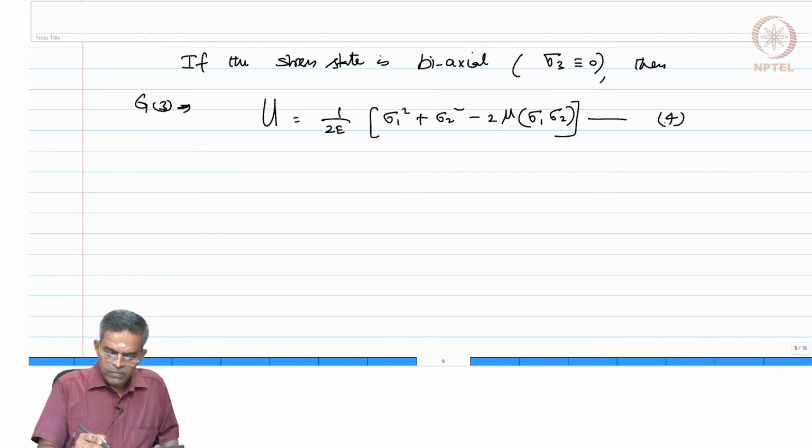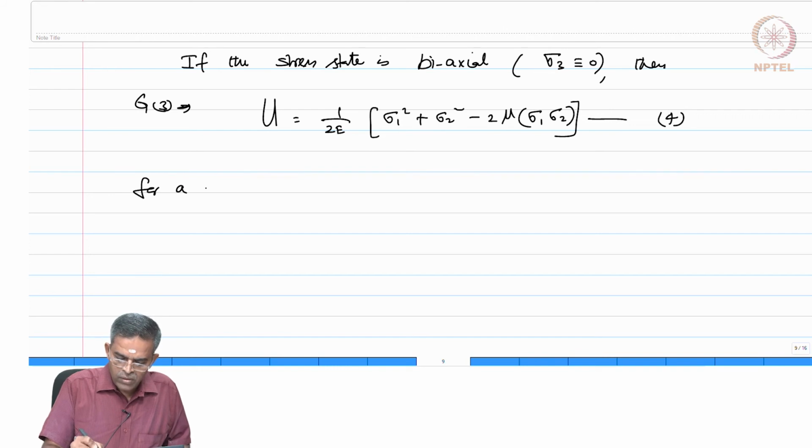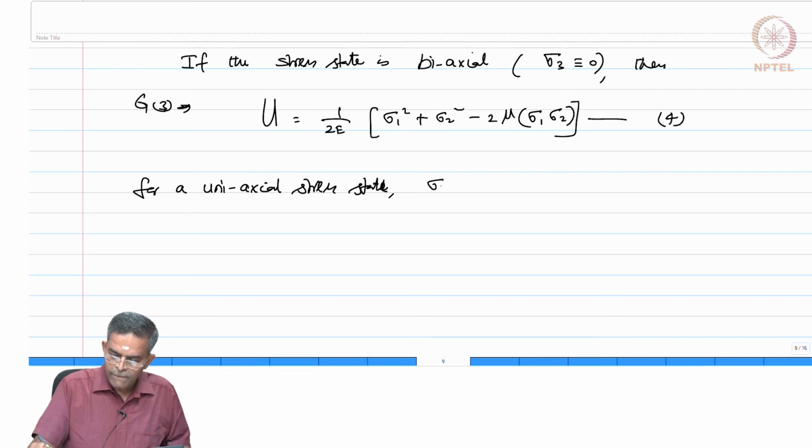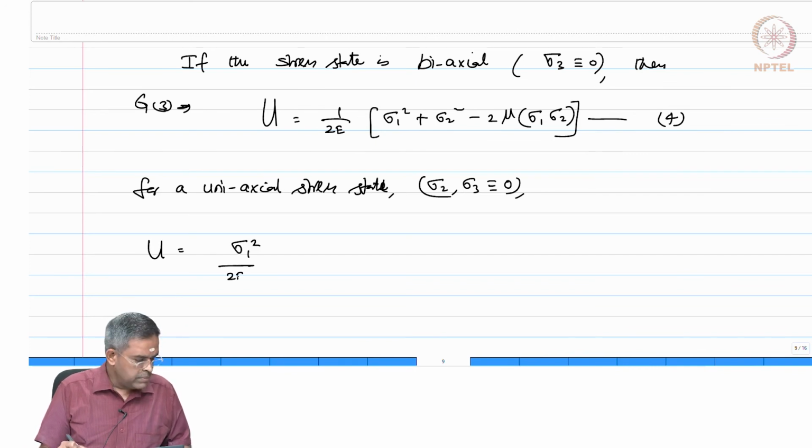And more simple, for an uniaxial stress state, put sigma 2 and sigma 3 both as 0, then we get U is going to be sigma 1 square by 2E.